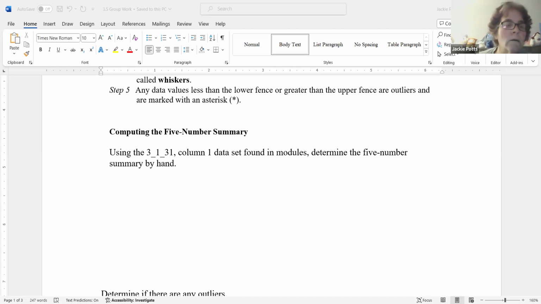Now, to do this, I'm going to do sample size of 12. And I want it ascending. All right. So there's my data. And they said this time we're going to do it by hand.